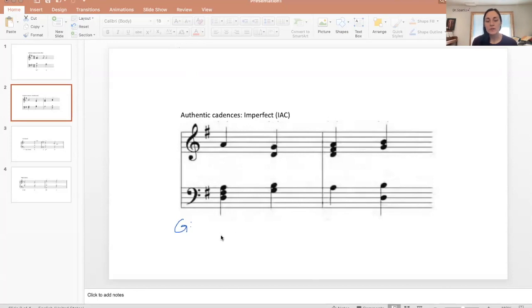That would be fine too. We know this is a 5 chord. And then in the upper voice, we've got a 2, right? We know we're going to a root position 1 chord. And in the upper voice, we're going to a 1. This is considered a PAC, right? This is very similar to what we saw on the last screen.